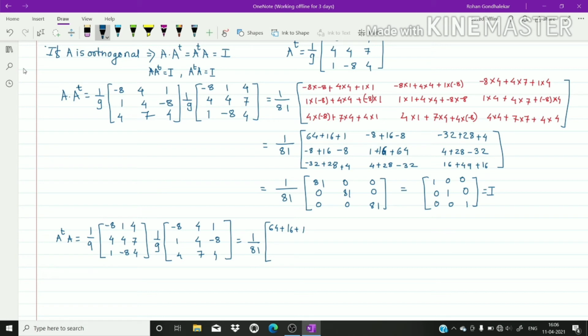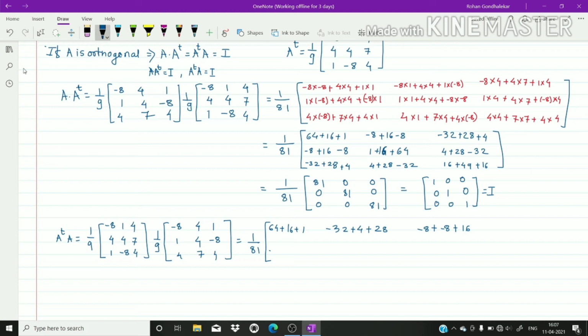Next, first row, second column. So minus 8 4s are 32 plus 4 into 1, 4 plus 7 fours are 28. Now first row, minus 8 into 1, 1 into minus 8, 4 into 4. So hence we get minus 8 plus 16. The second row, second row into first column, 4 into minus 8, 4 into 1, 7 into 4.